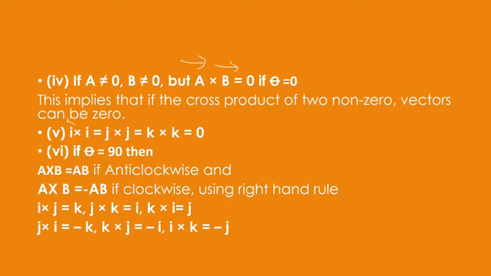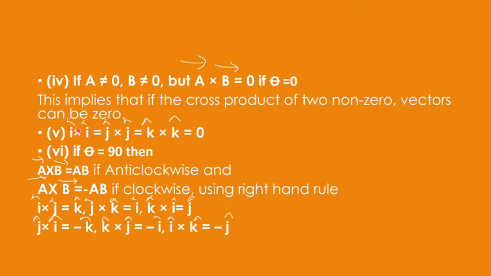And if I talk in terms of unit vectors, you all know we have to put the cap over it. If I am talking about vectors, the vector sign should be there. And when I am talking about unit vectors, the cap should be there over it. It means two non-zero vectors can also give you the 0 result if theta is 0.